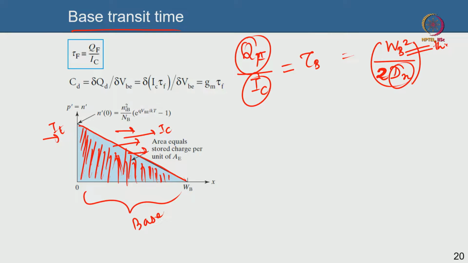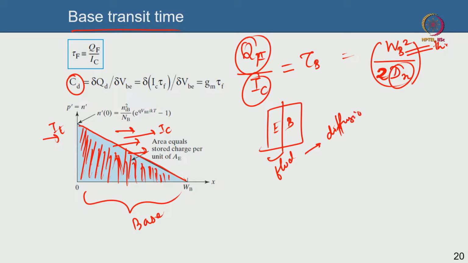And there is the diffusion capacitance associated with this, because the base-emitter junction is forward biased. A forward biased junction has a diffusion capacitance, and it can be substantial. That diffusion capacitance turns out to be transconductance times the base transit time.